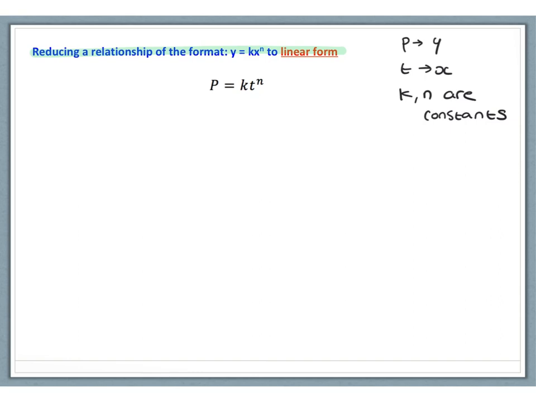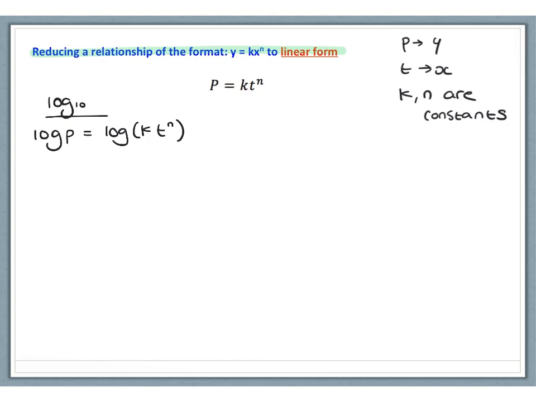Now, we can do this with logarithms of different bases, but it's often simplest to work in log to the base 10, or log, as it's also written. So we're going to take a log of both sides. So log p equals log of kt to the power n.